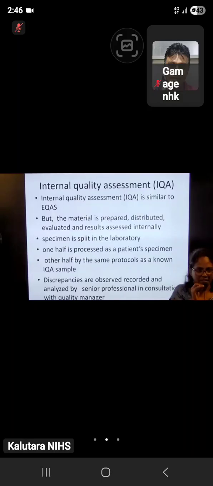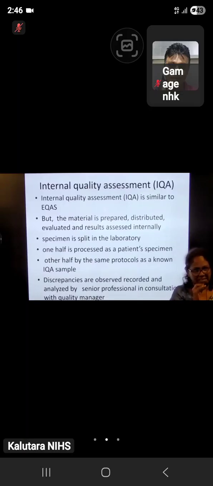After processing these two, you can see whether there are any discrepancies. If any discrepancies are observed, you have to record and analyze them. Actually, analysis should be done by a senior professional in consultation with the quality manager. If you have a quality manager, they can do that.